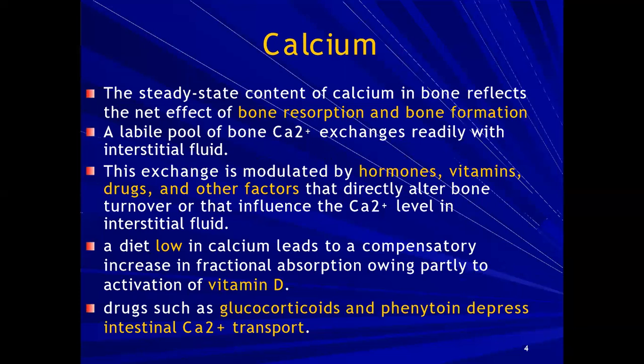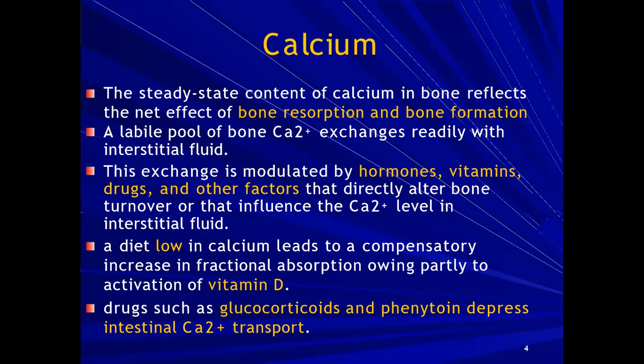It is also regulated by vitamins, an example being vitamin D, and by drugs, examples of which are thiazide drugs, and also phenytoin and corticosteroids. Corticosteroids and other factors directly interfere with this and influence the bone in the interstitial areas.